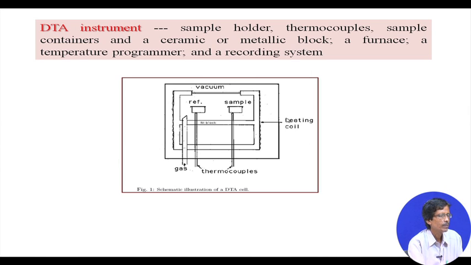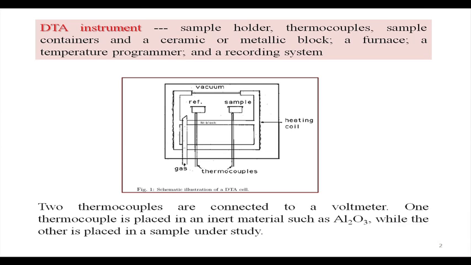Then we have a heating coil covering the whole furnace, and the reference and the sample material that I just showed you, R and S. R and S are connected to thermocouples, because the thermocouples record the corresponding temperature change and the difference in temperature between the reference and the sample material.